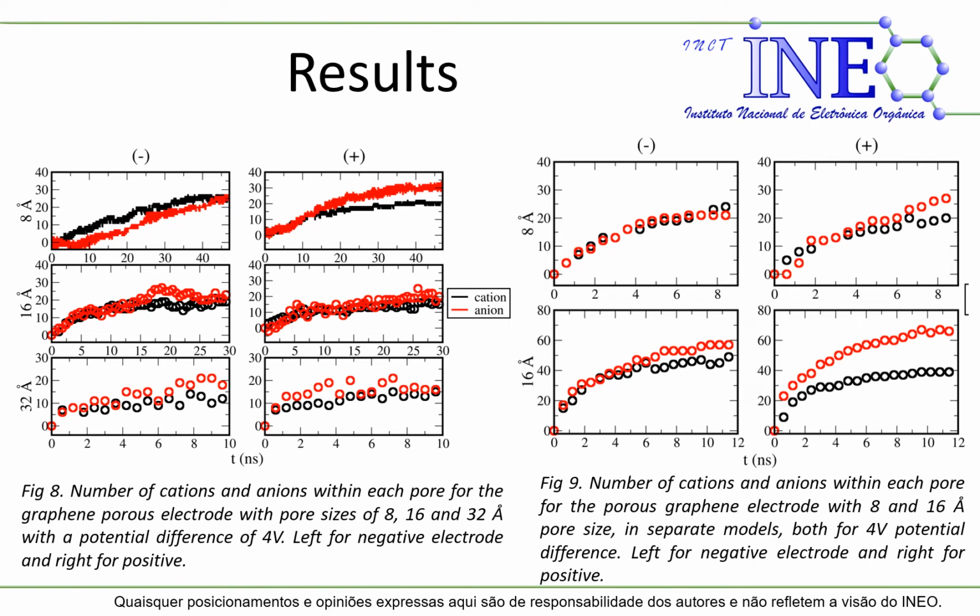By figure 9, we can also note that the mechanisms are different when the model has only 16 angstrom slits. For the negative electrode, ion exchange is observed, but for the positive electrode, counter-ion adsorption is observed.